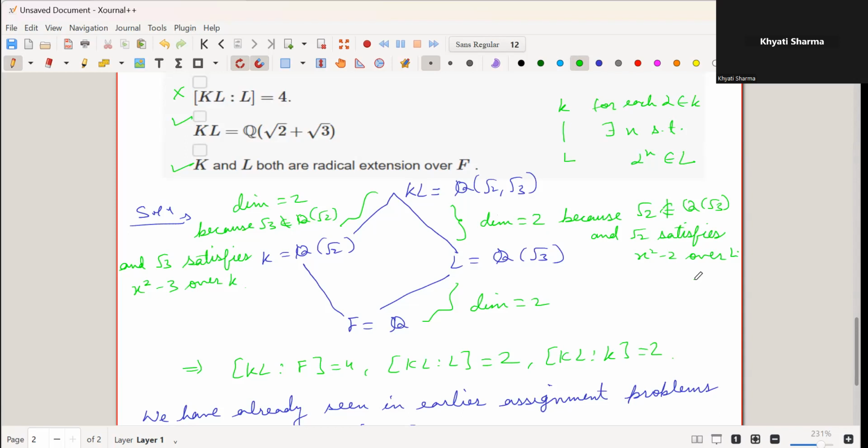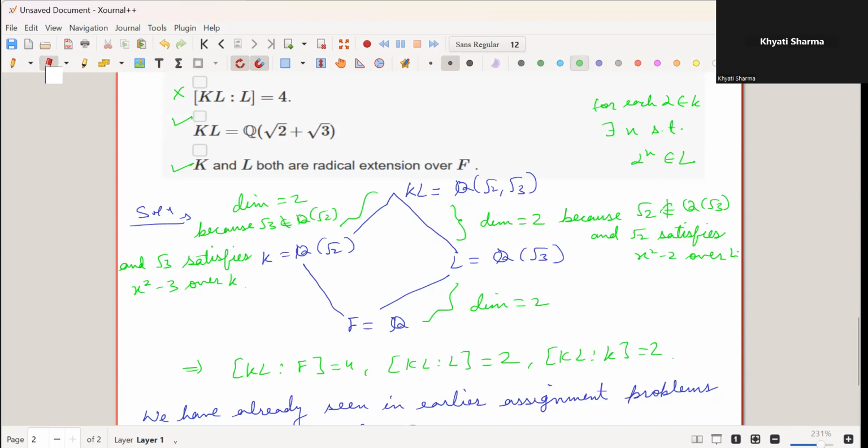And any element of Q root 3 is of the form a plus b root 3. For that also you can check that if you square it, then you will get something, and if you again square it, then it will be inside this field.